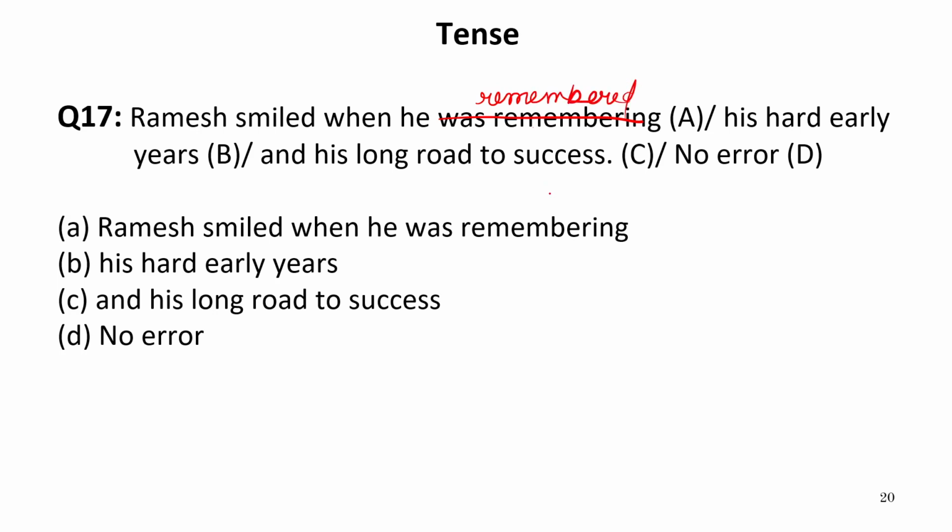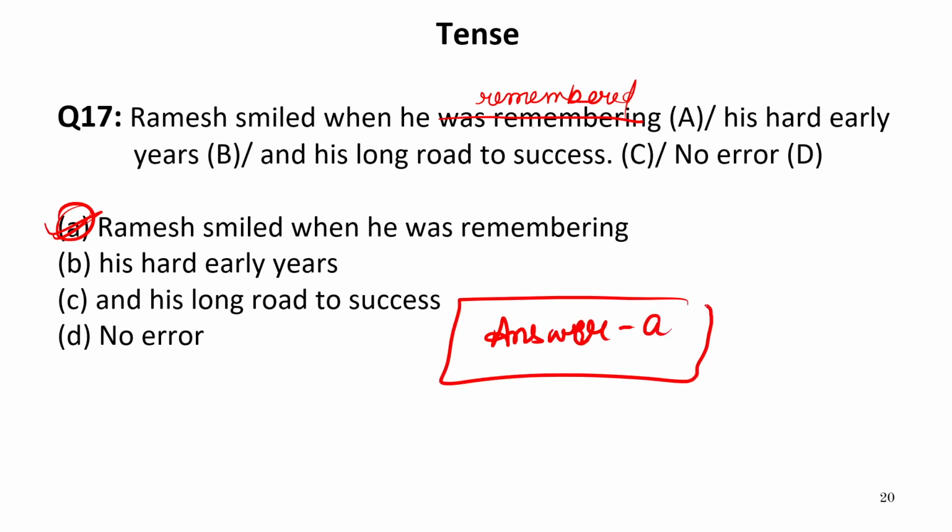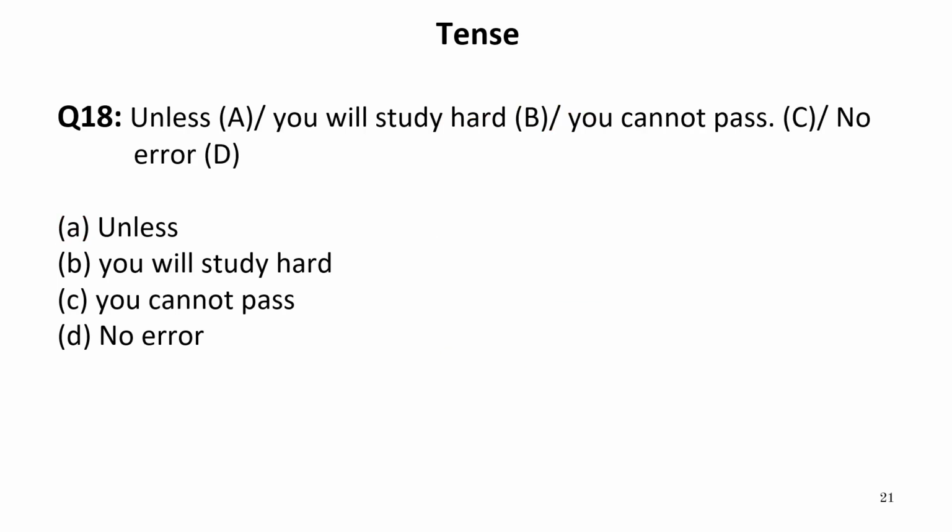This happened in a particular duration of time. Therefore, our answer is A. So part A contains the error. And the correct sentence will be Ramesh smiled when he remembered his hard early years and his long road to success. Now let us move to the next one.